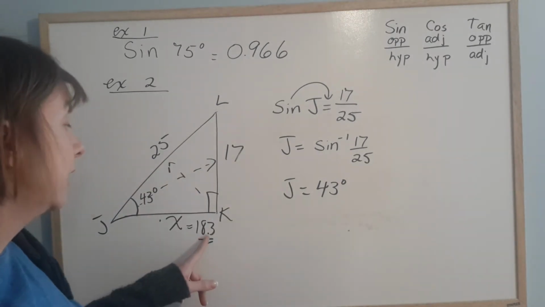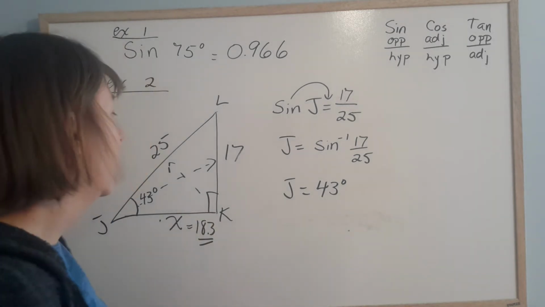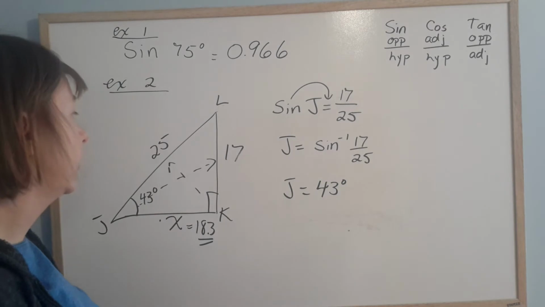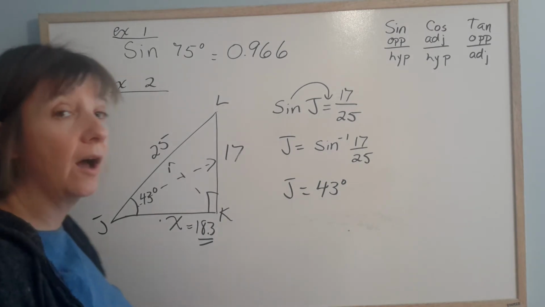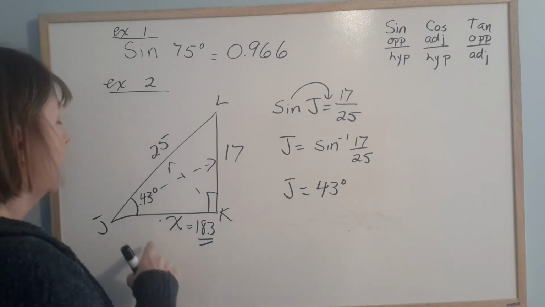So remember, I'm trying to find this. I already know it's 18.3, but what if I didn't? Now what I could do is the other thing we've talked about, the tan ratio.